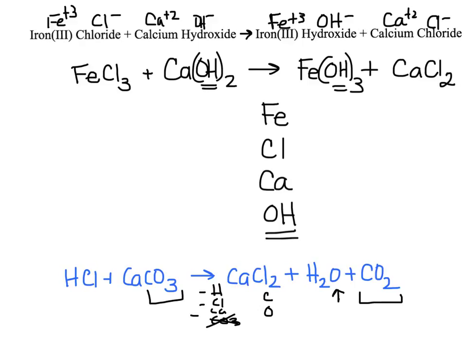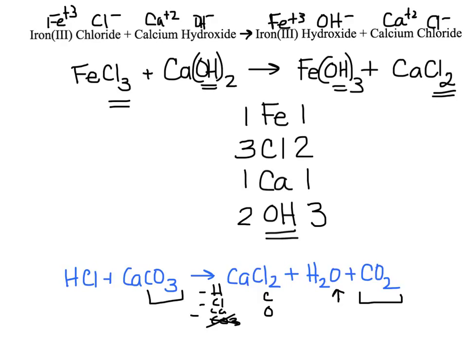So going in, we have 1 iron, 3 chlorines, 1 calcium, 2 hydroxides. On the right, we have 1 iron, 3 hydroxides, 1 calcium, and 2 chlorines. All right, so in this situation, there's no way, if we look at our chlorines, to change 2 chlorines into 3 chlorines.